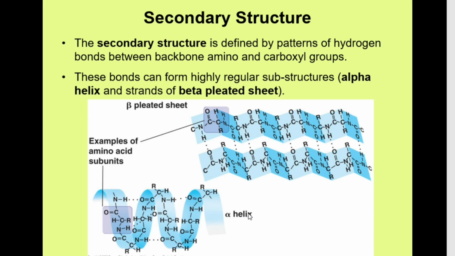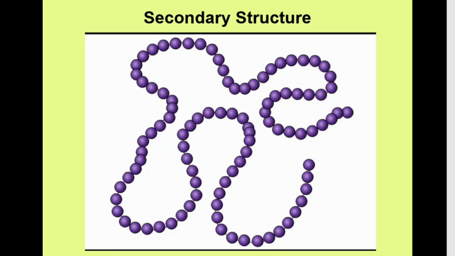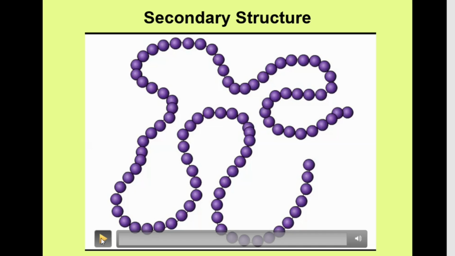So when we start to look at the secondary level of structure within a protein, we tend to see these sections of alpha helix and beta pleated sheet, and they are held together by hydrogen bonds between those backbone elements. So let's have a quick look at secondary structure.